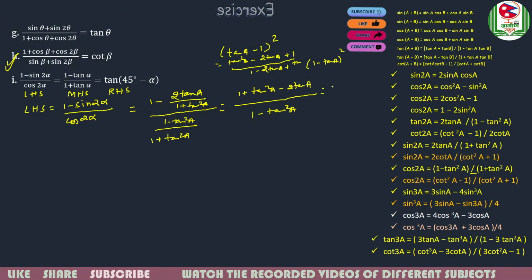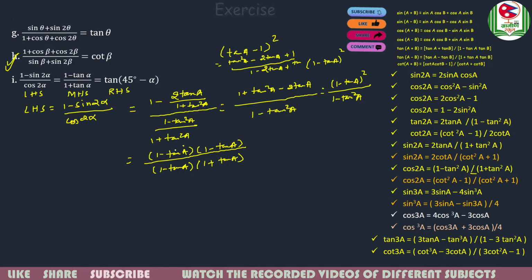So we write (1 minus tan A) whole squared upon 1 minus tan squared A. Now 1 minus tan squared A can be written as (1 minus tan A) into (1 plus tan A).